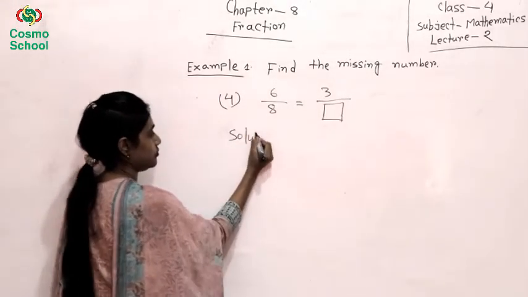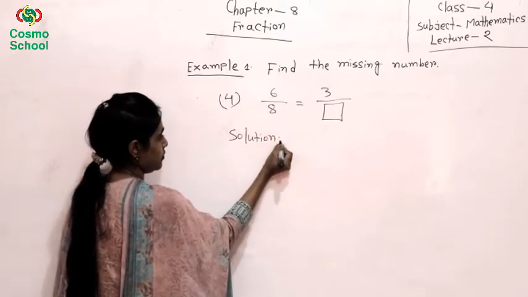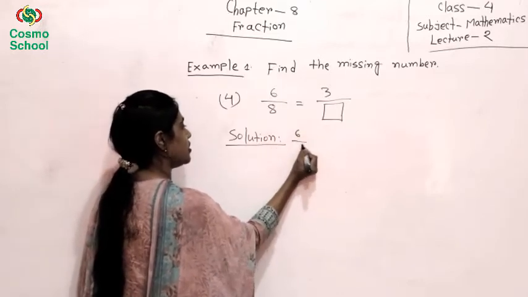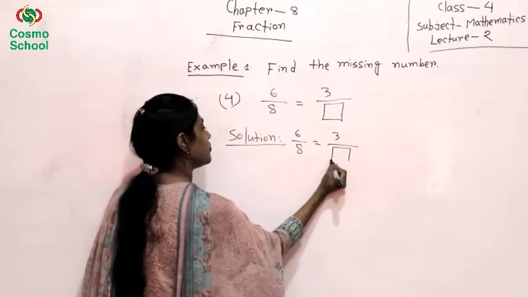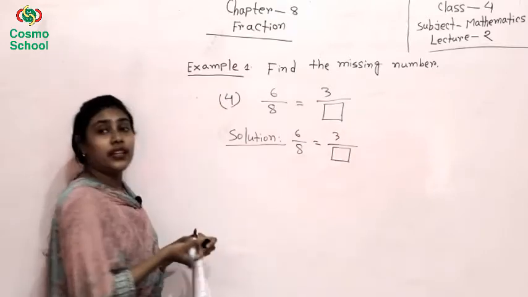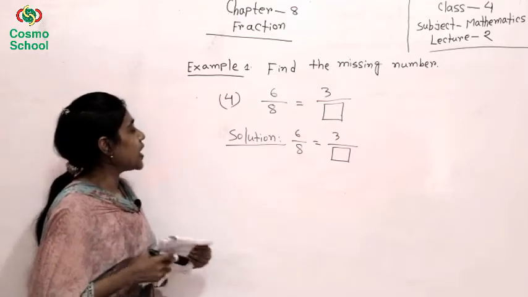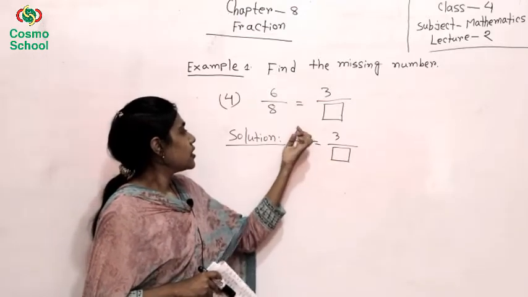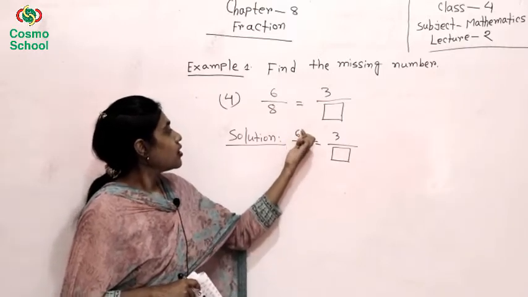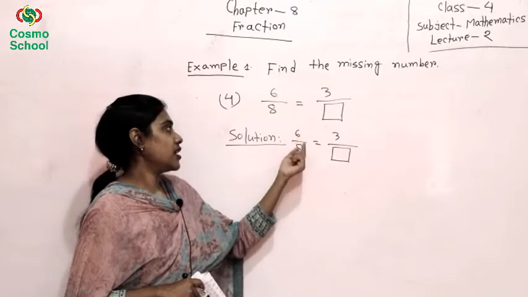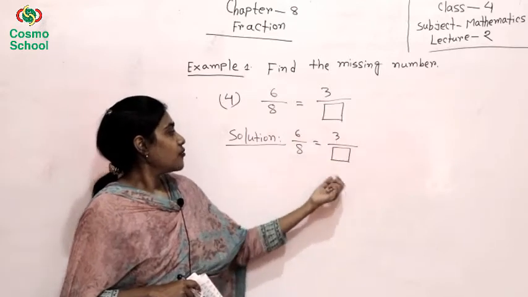Solution. 6 divided by 8, 3 divided by missing number. In here, we can see that in the two fraction numbers the numerators are given, that is 6 and 3.